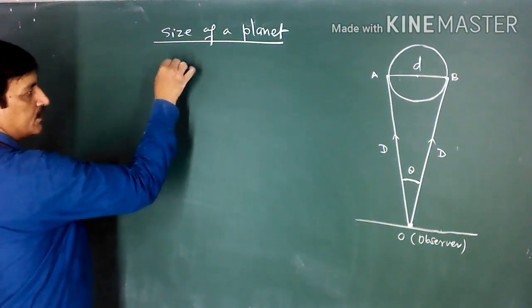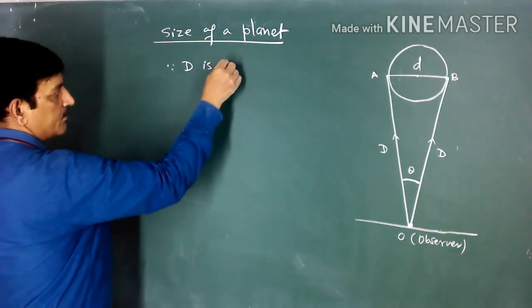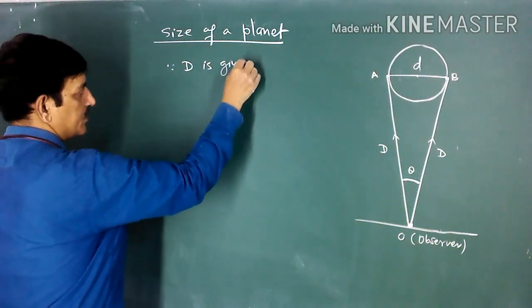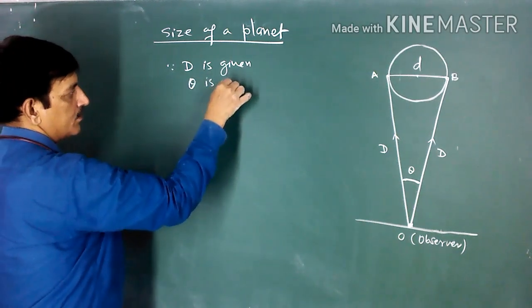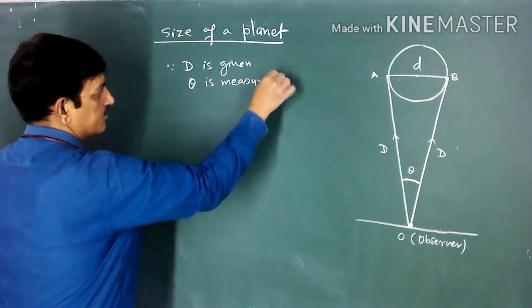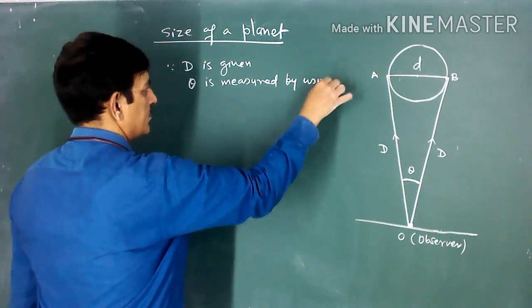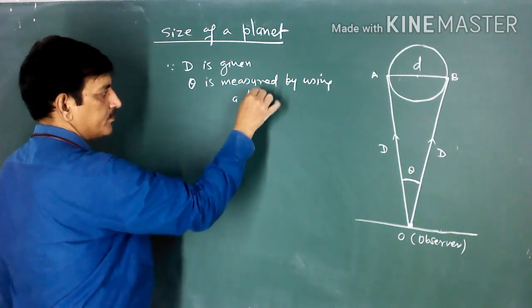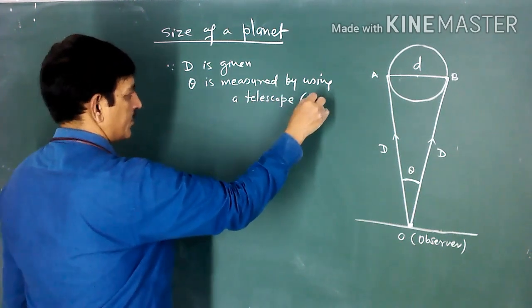Here also, since capital D is given, and theta is measured by using a telescope, circular scale.